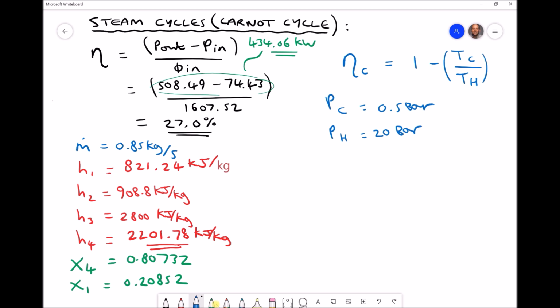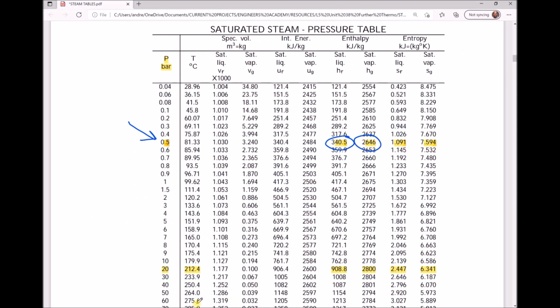So just for completeness, we can use our steam tables to determine our low cycle temperature and our high cycle temperature, because those are the temperatures that correspond with the change of state at 0.5 bar and 20 bar. So already highlighted, we have 0.5 bar as a pressure, and the temperature that the change of state occurs at there is 81.33 degrees C. We're going to need to convert that to Kelvin, which we'll do in a moment.